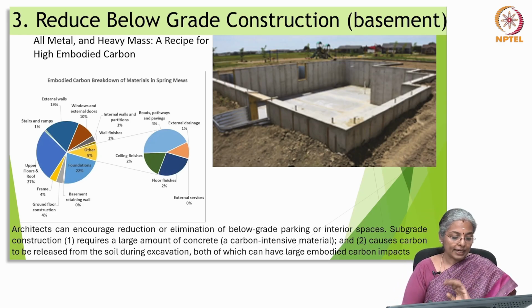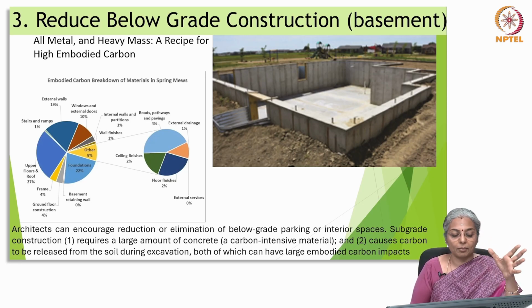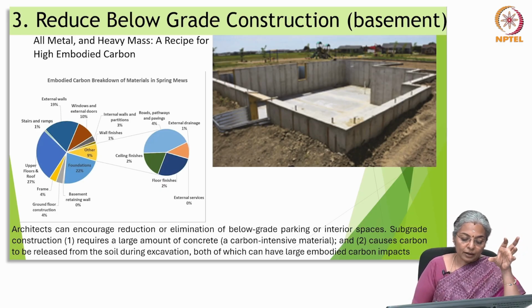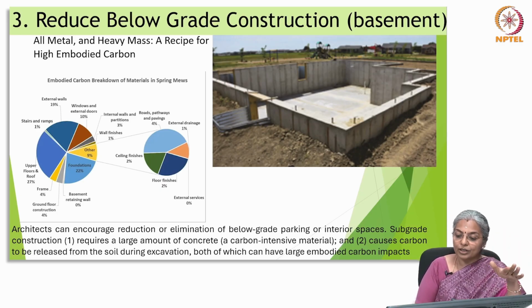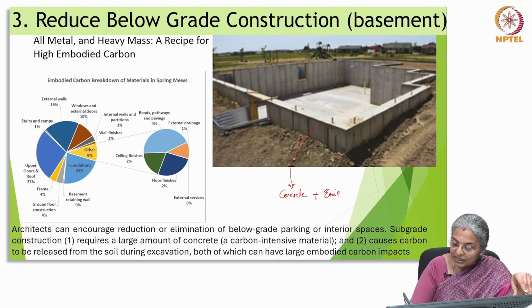It is found that basements and retaining walls discharge a lot of high embodied carbon, and therefore we need to ensure that we reduce the basement area, because we consume concrete plus emissions from the soil. Both of these can lead to very high carbon dioxide emissions.